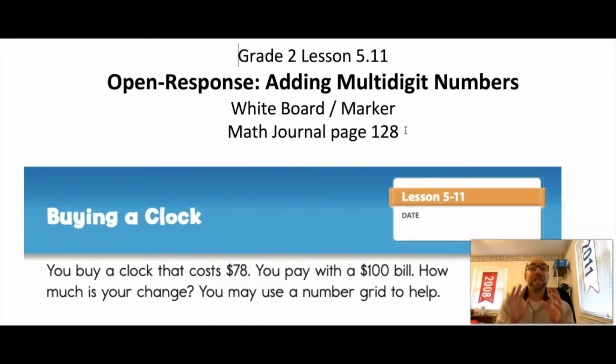If you need to go gather those materials, hit the pause button on this video, get everything you need, and then press play because we are going to get started.